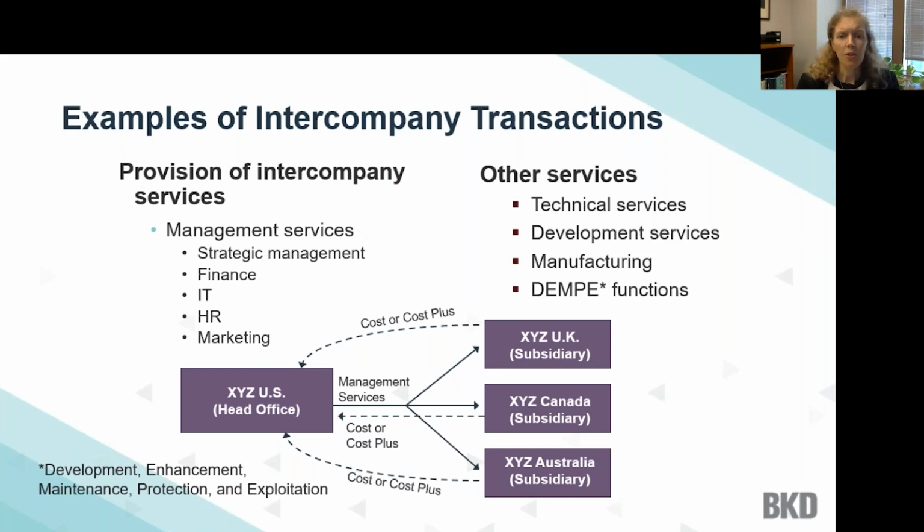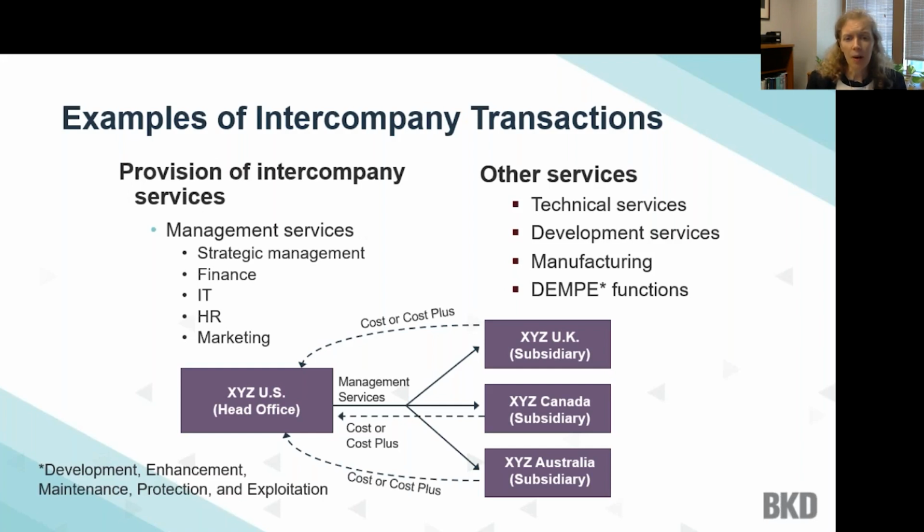In a third party to third party situation, a US company would not just provide services for free to third parties in the UK, Canada, and Australia. There's going to be some kind of compensation that they would expect. And so in this case, we have the idea of the subsidiaries reimbursing the headquarters at cost, or most often with a cost plus, so that there's some kind of profit element associated with the provision of services.